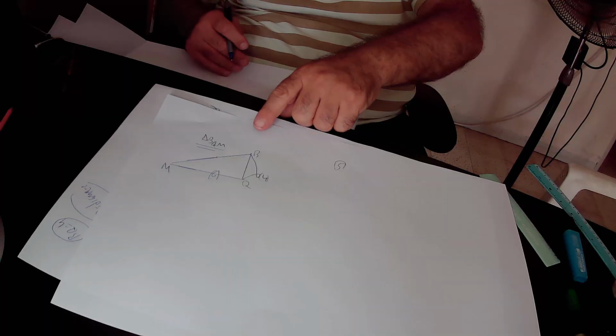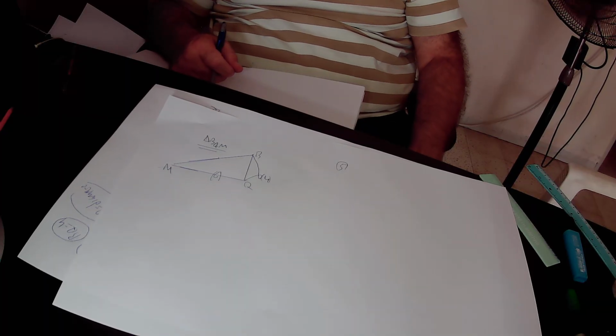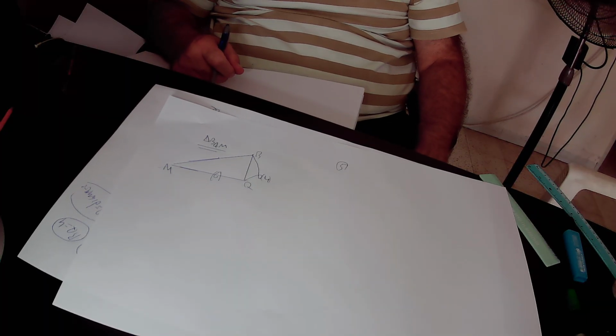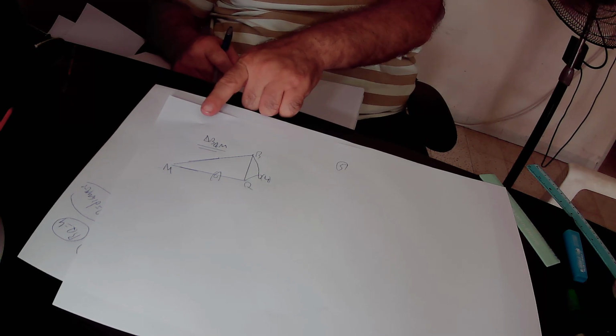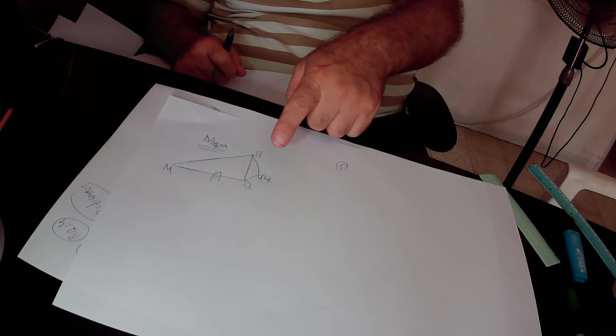So actually, this is right triangle BQM. In this right triangle BQM, BM squared, the square of the hypotenuse, equals BQ squared plus MQ squared.